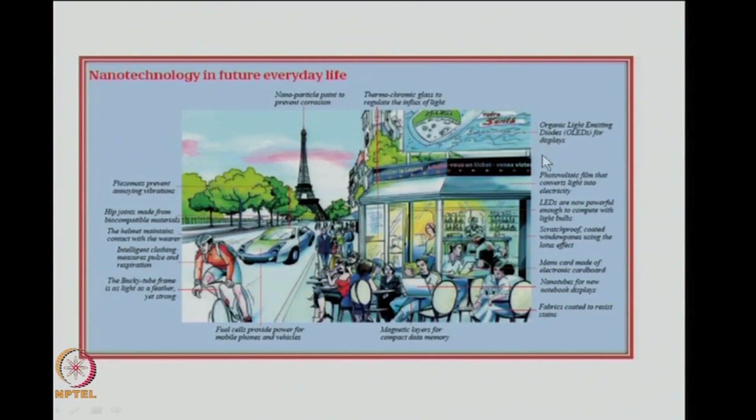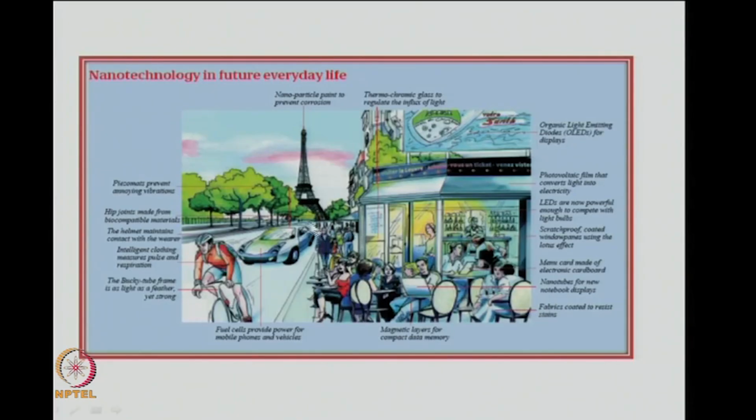You will have photovoltaic films that convert light into electricity, then LEDs to have efficient light bulbs at very low cost based on many new nanomaterials. And then you can have glass coatings which are scratch proof and which have hydrophobic surfaces. They can be self cleaning.